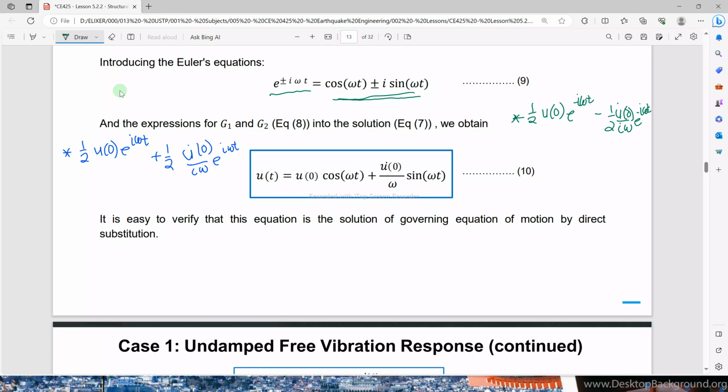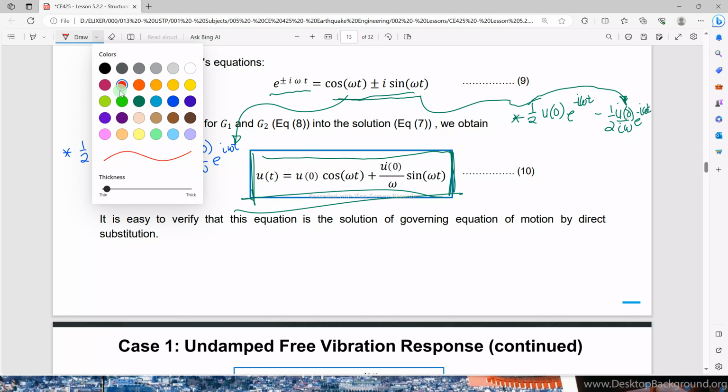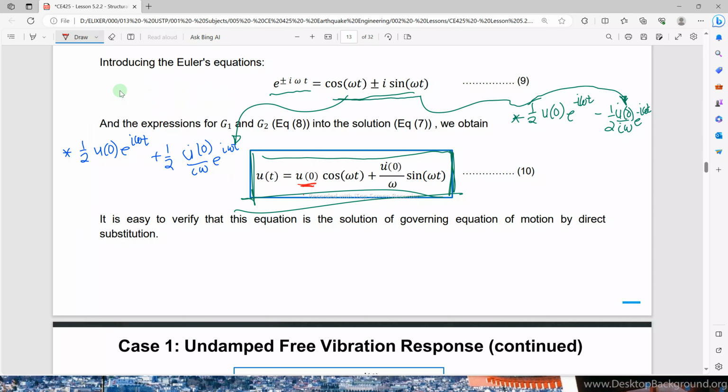If we apply this concept to this variable also, we will arrive at this specific equation: our lateral displacement u of t is equal to the initial displacement at time equal to 0 times the cosine of our natural angular velocity omega t, plus the initial first derivative, or the response velocity, over omega times sine omega t.